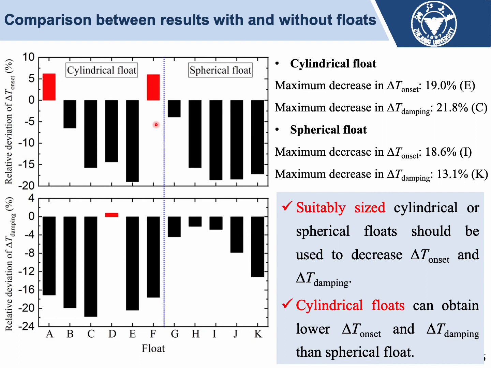As for cylindrical floats, the maximum decrease in onset temperature difference is 19% using float E, and the maximum decrease in damping temperature difference is 21.8% using float C. As for the spherical floats, the maximum decrease in onset temperature difference is 18.6% using float I, and the maximum decrease in damping temperature difference is 13.1% using float K. Compared to the spherical floats, cylindrical floats can obtain lower onset and damping temperature difference, especially the damping temperature difference.